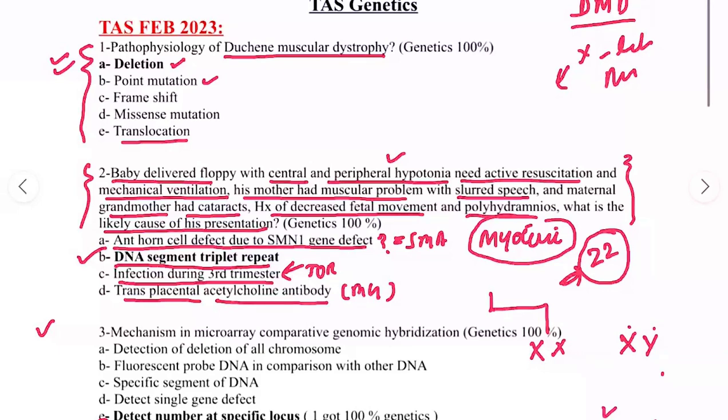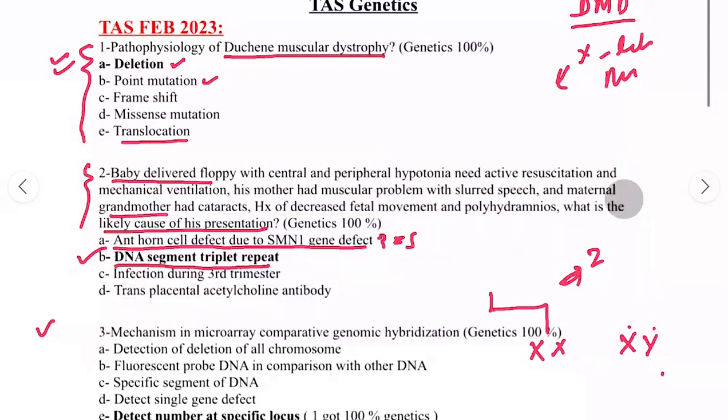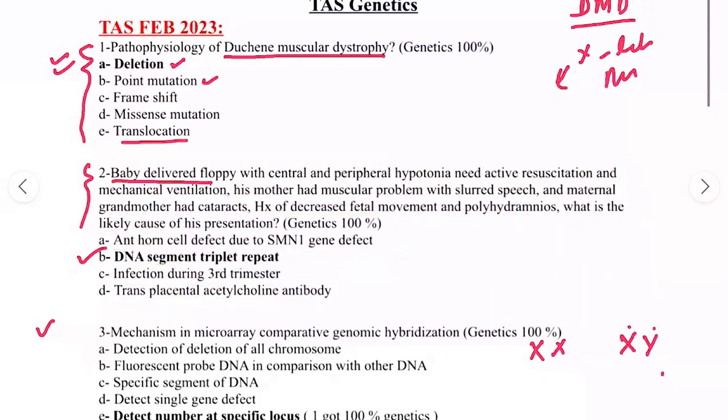What is the chance of her daughter being a carrier? Is this 100%, 50%, or which one? This is what we have discussed, an X-linked autosomal recessive disease.